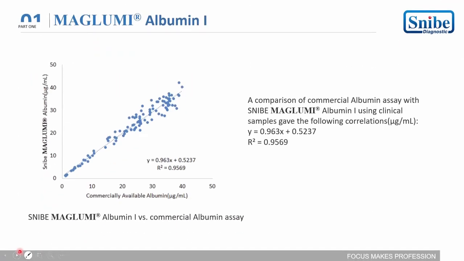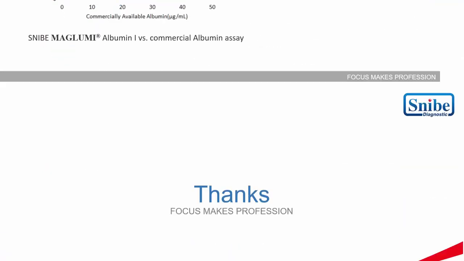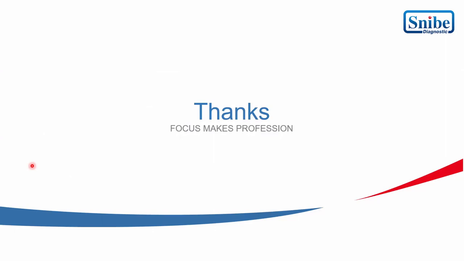For the albumin first generation, there is a comparison of a commercially available albumin assay with the SNIBE MAGLUMI albumin assay using clinical samples, with a regression value of 0.95, which also shows excellent correlation with the other competitor in the market. So this is all about that.